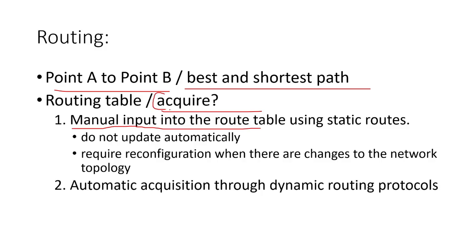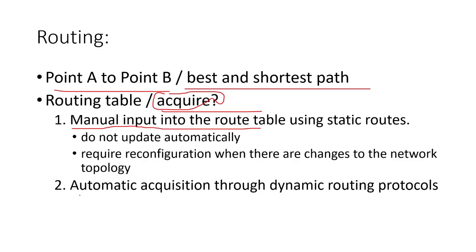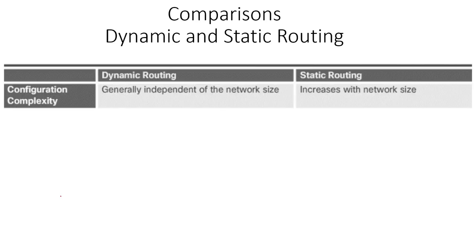Another way of acquiring a routing table is through automatic acquisition using dynamic routing protocols. We will learn these two methods of acquiring a routing table for a router. Here are some comparisons of dynamic and static routing.